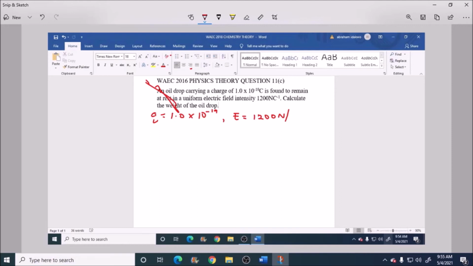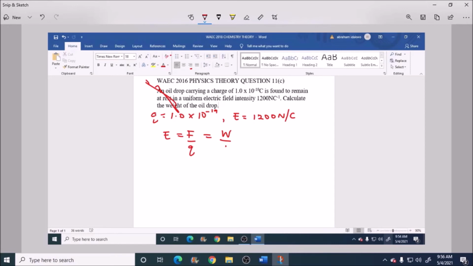Okay, so electric field intensity is giving us the force per coulomb. And this is also the same thing as saying the weight is equal to Q.